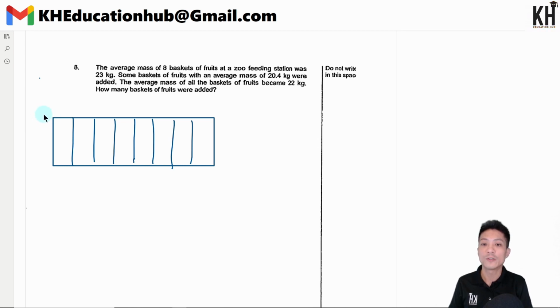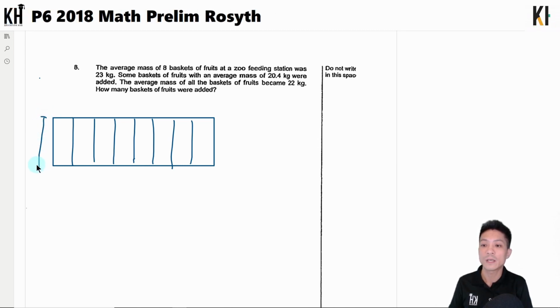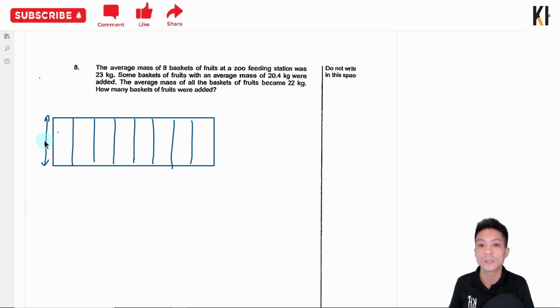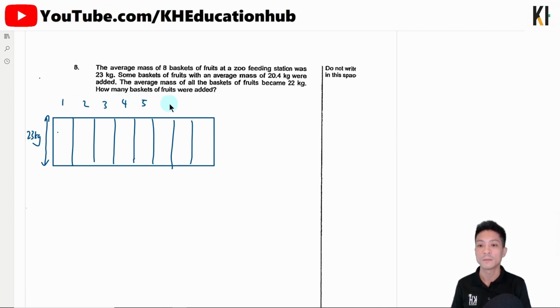You can treat from here to here as the 23 kg. So this is basket 1, 2, 3, 4, 5, 6, 7, 8.